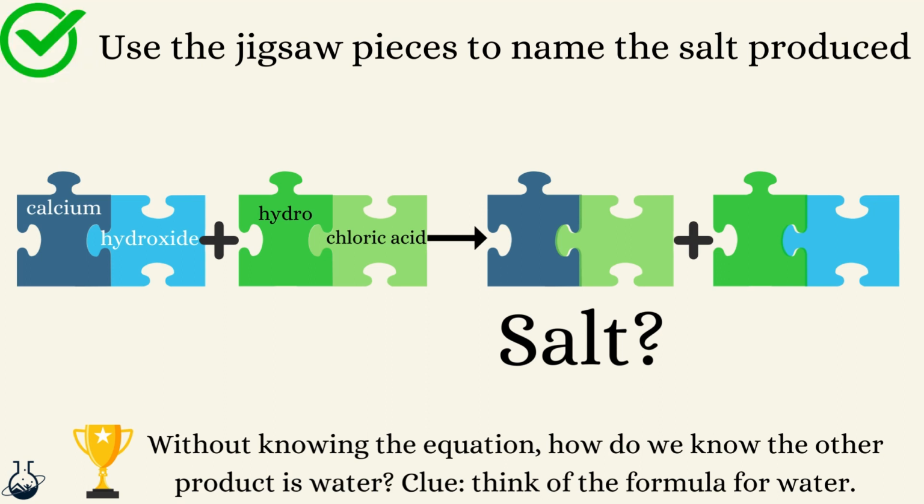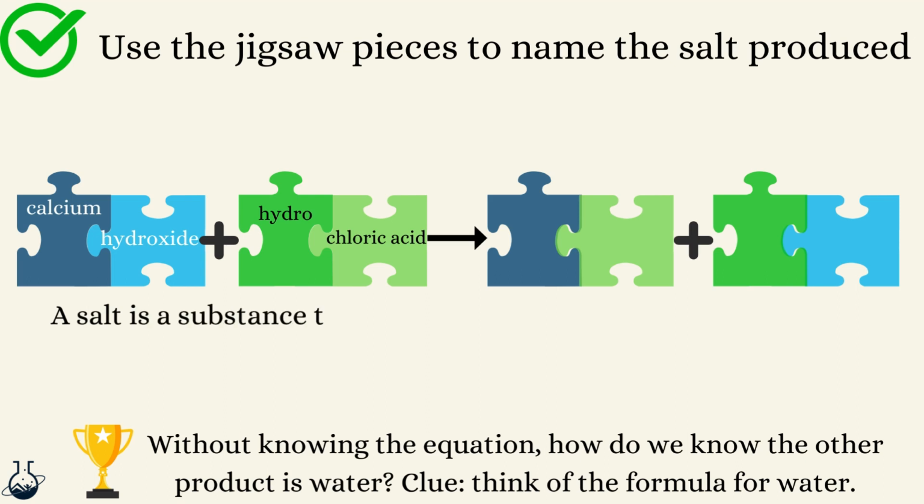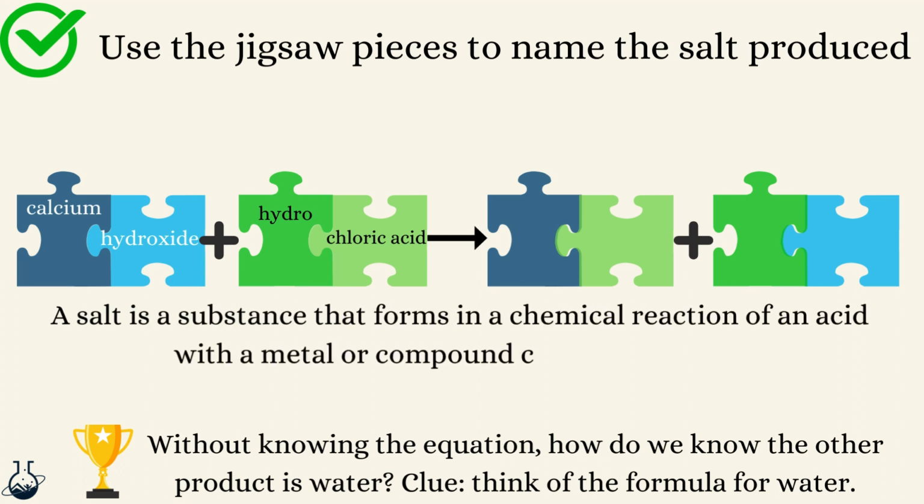Let's go through the answers for both parts. You might find it useful to make notes as we go through this, so you can use it for more independent practice later. So looking at the colours, dark blue is calcium. A salt is a substance that forms in a chemical reaction of an acid with a metal, or a compound containing metal.